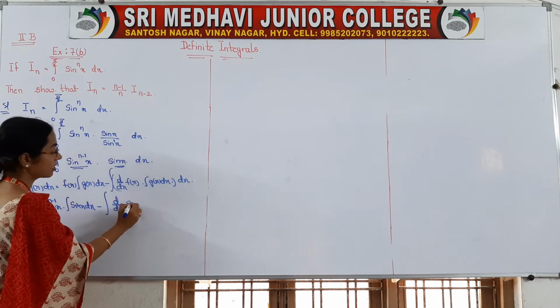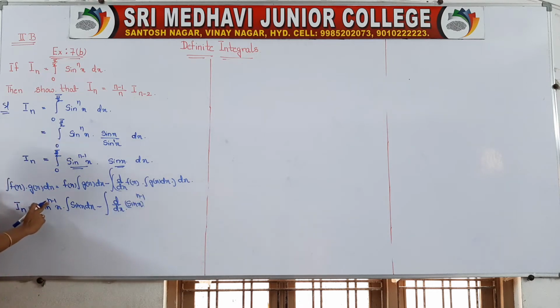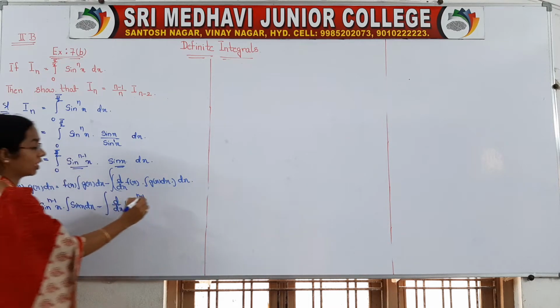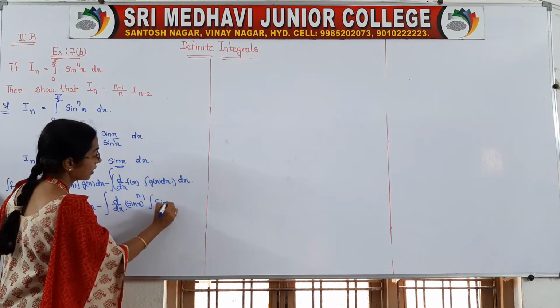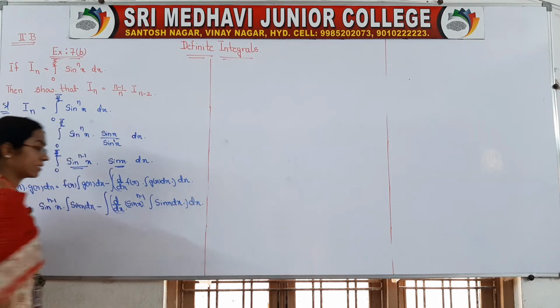sine x to the power of n minus 1, sine n minus 1 x or sine x to the power of n minus 1, both are same, integral sine x dx, whole dx.